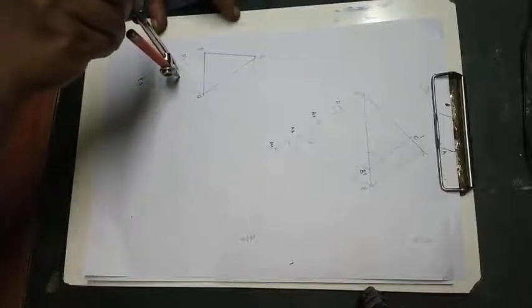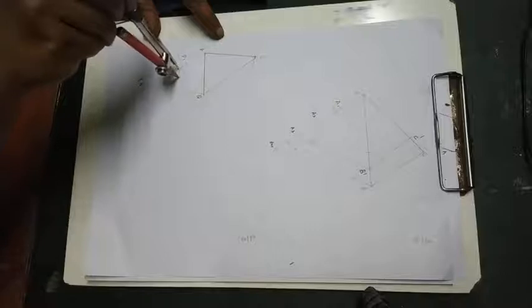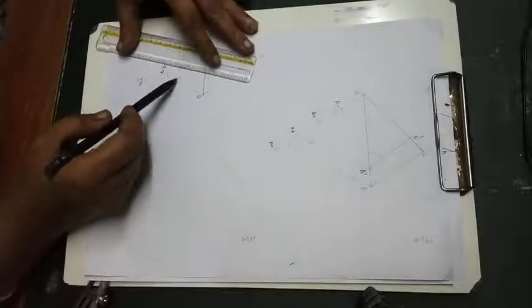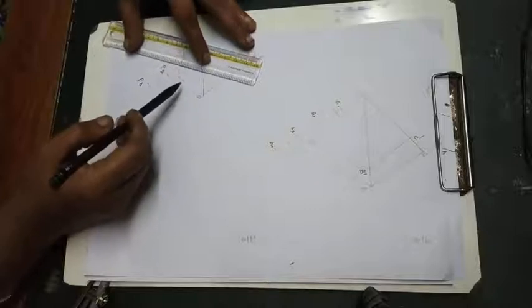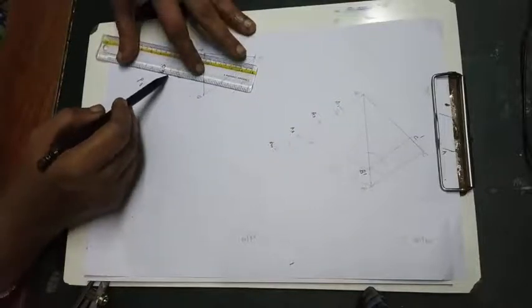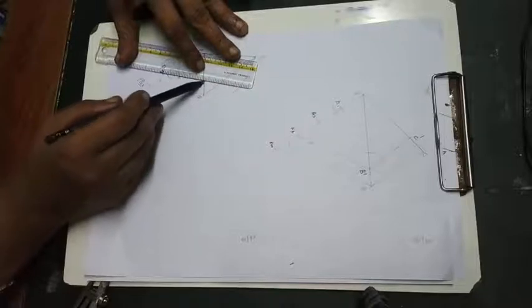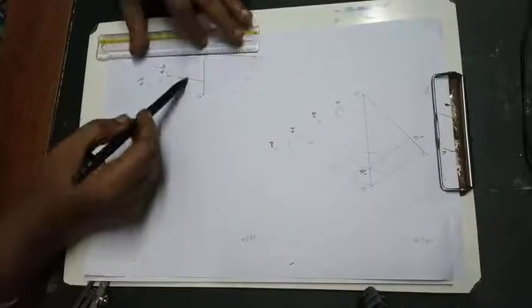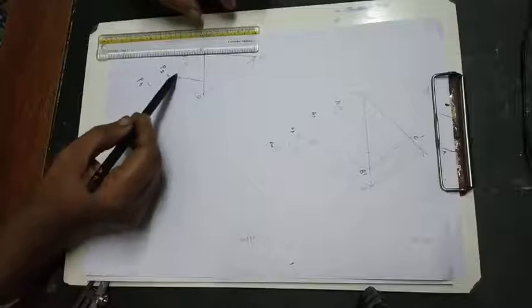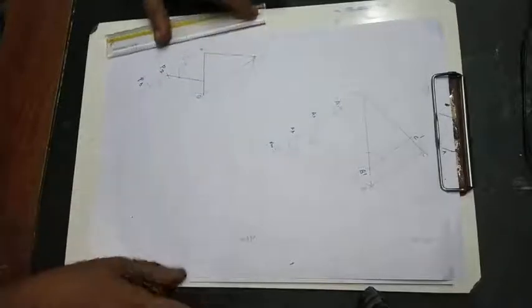Mark that, then join this to the triangle so that it will be parallel to this one, and the same angle you will get here also.